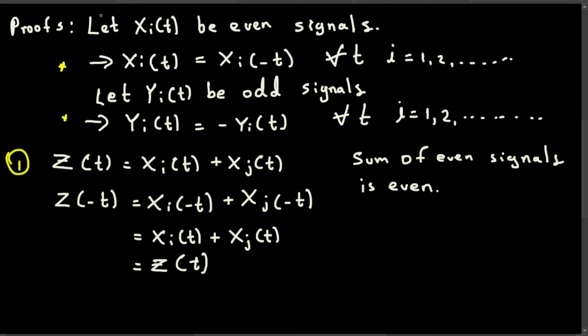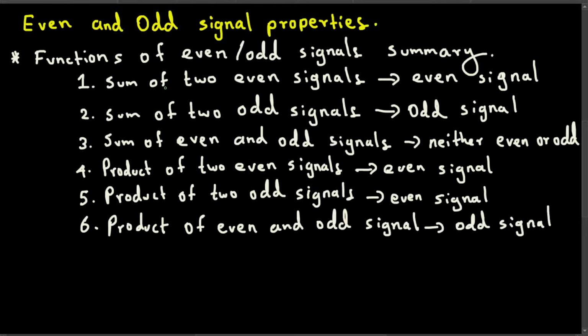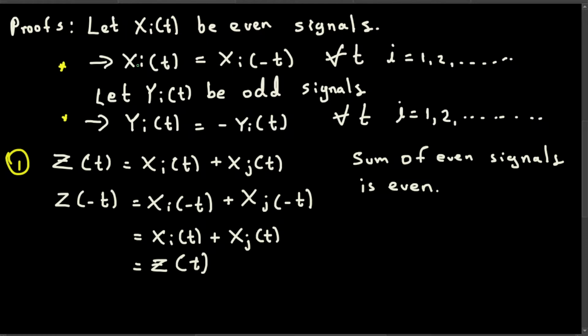So first, we are going to see that the sum of two even signals is an even signal. For even signals, we are taking xi of t and xj of t, two even signals, and we are adding them together. We know that for an even signal, xi of t is equivalent to xi of negative t.